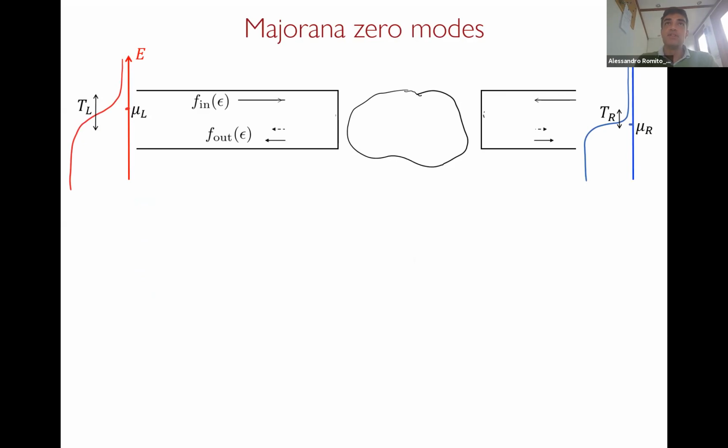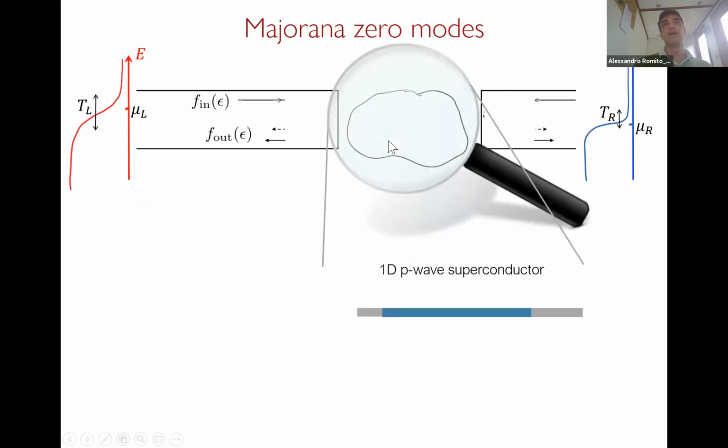So the starting point is a model that we have seen across all the talks today and in the previous session. It's the simplest of all. We have two leads, which can be at different voltage biases and held at different temperatures. And in the middle, there's something that makes energy or electric transfer across the leads.